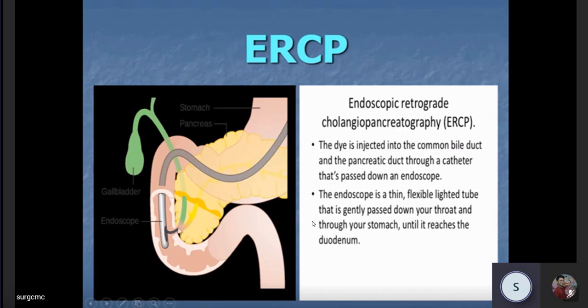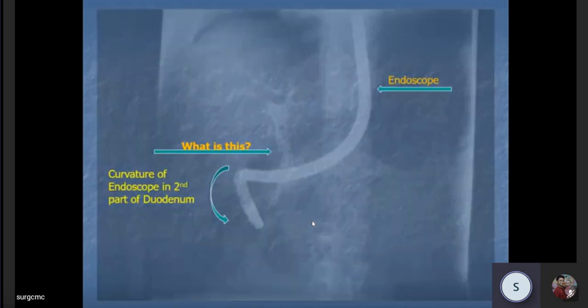From the endoscope, another scope goes inside the common bile duct and takes out stone or whatever is inside. So in ERCP, the second scope, the baby scope, goes inside the CBD. You can also visualize the CBD, and also you can do therapeutic procedures like taking out the stone. So it is used both for diagnostic as well as therapeutic purposes.